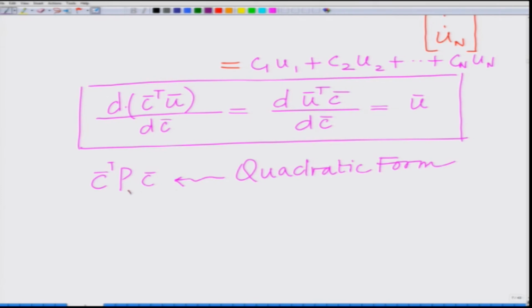And further, we are considering an interesting scenario where P is equal to P transpose, that is, the matrix P is symmetric.